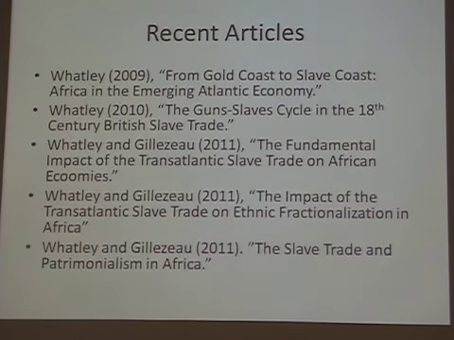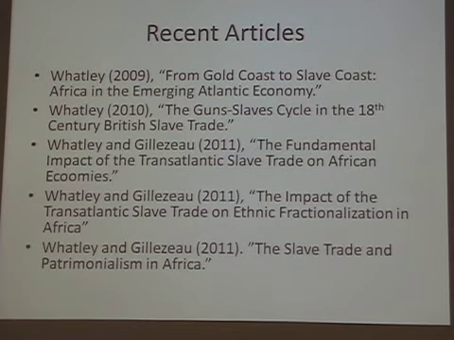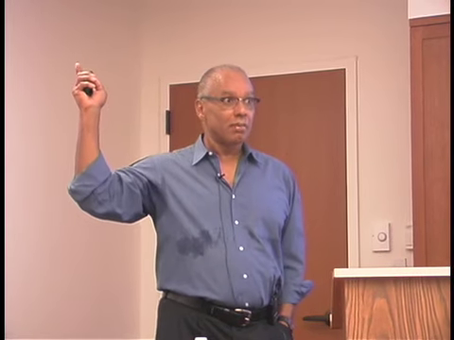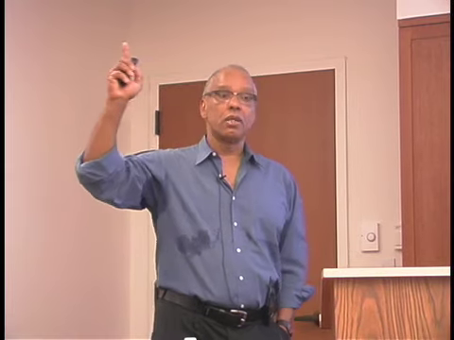These are some recent articles that I've written, some by myself, some with Rob Gilzu, who's a graduate student at the University of Michigan, where we've done some GIS analysis of some of the data that I'll present to you today. And there's a huge development literature as well that is beginning to work backwards in time.